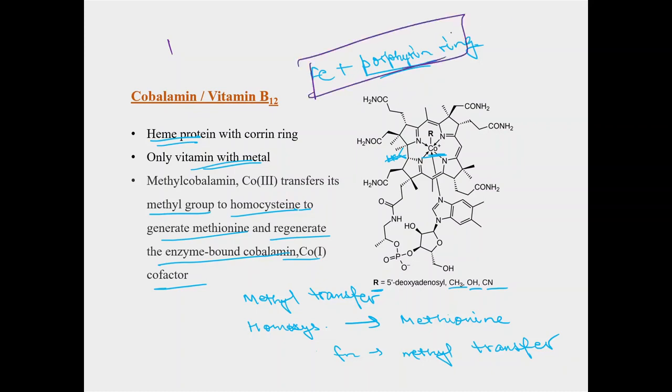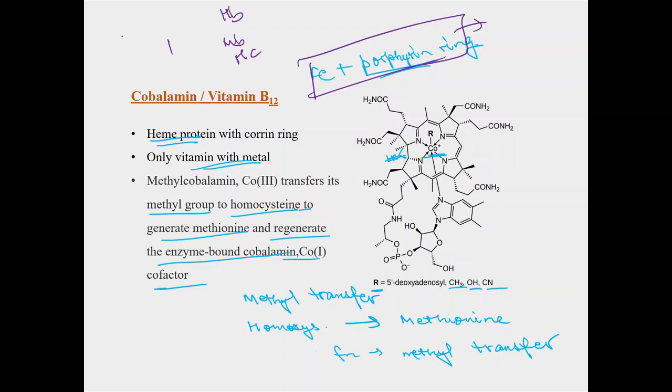That's the definition when we find out among hemoglobin, myoglobin, hemocyanin and all those, what is the heme protein, we say that the presence of Fe and porphyrin ring is necessary, but this is also a heme protein only. But in this case, it is a corrin ring.